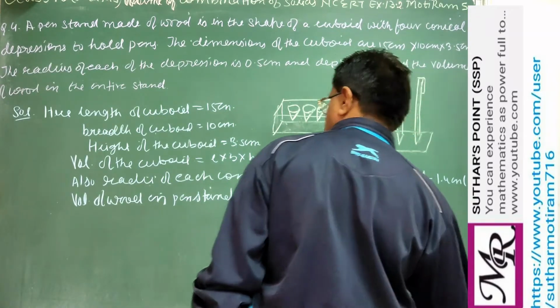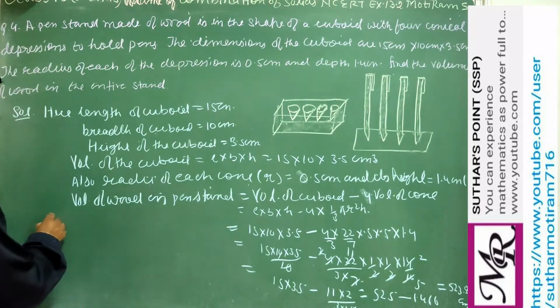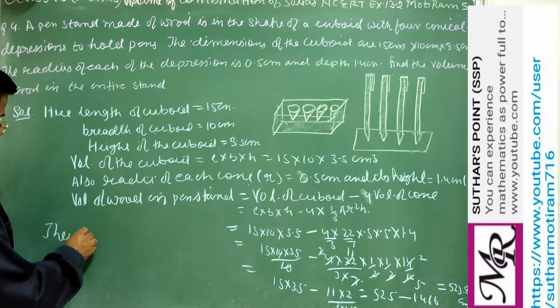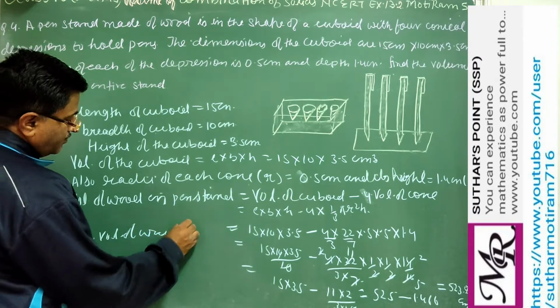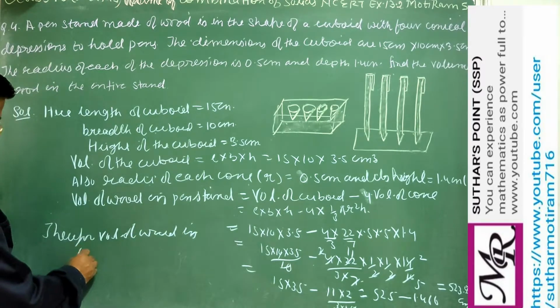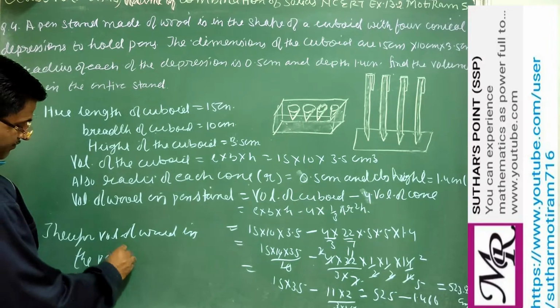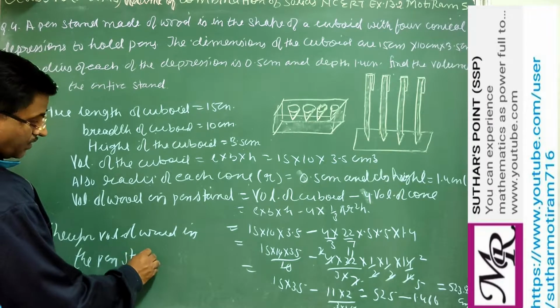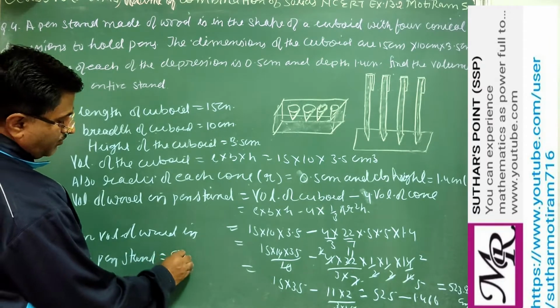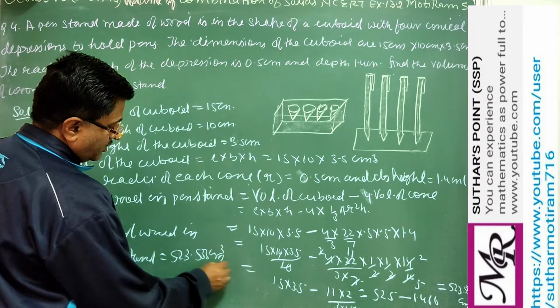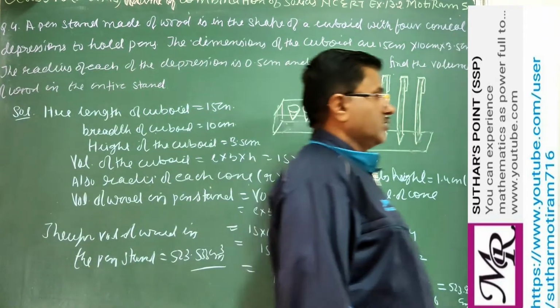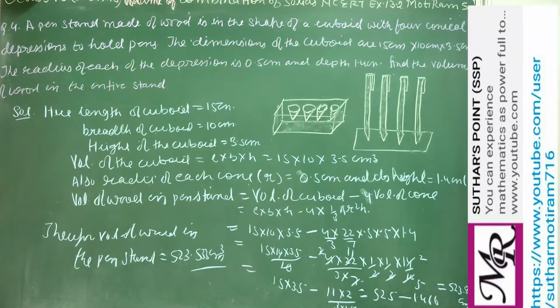So finally we can say, hence, the volume of wood in the pen stand is equal to 523.533 cubic centimeter, which is the required answer.